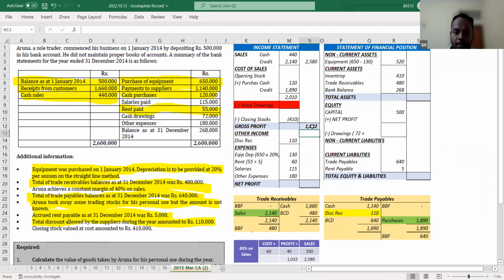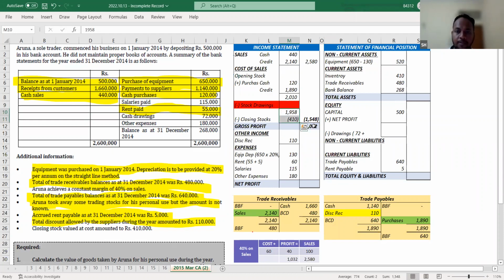Then 2,580 minus 1,032 means cost of sales 1,548. In this balance, add these two, 1,958.